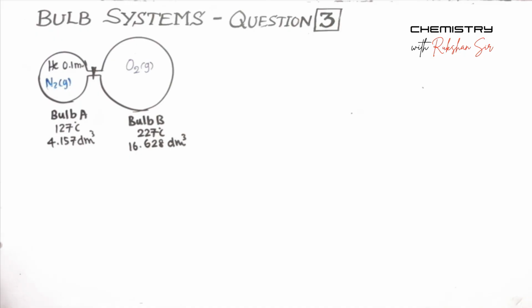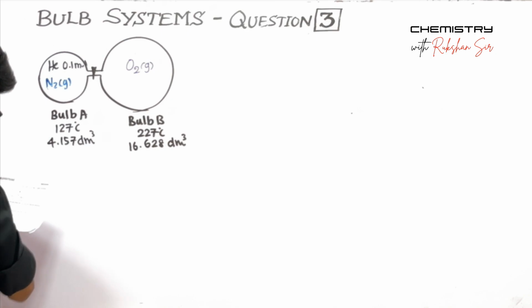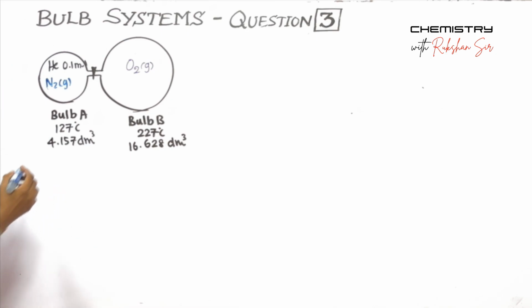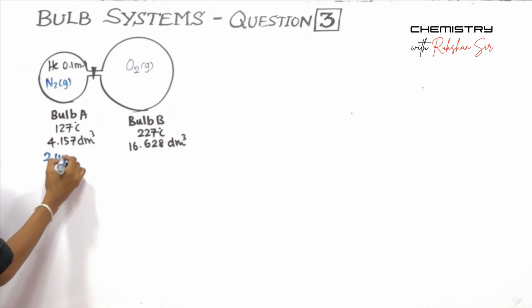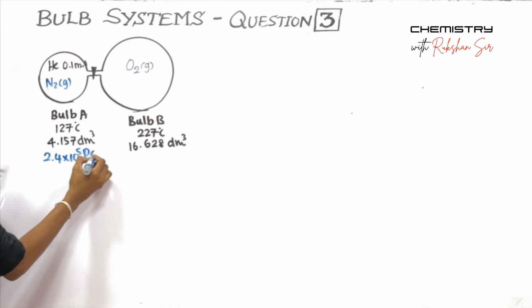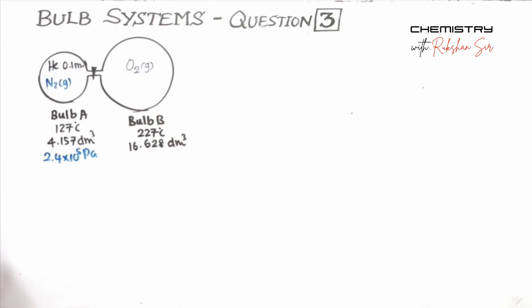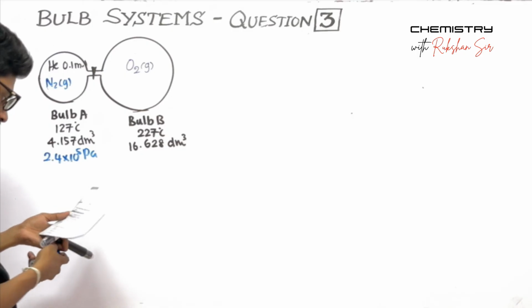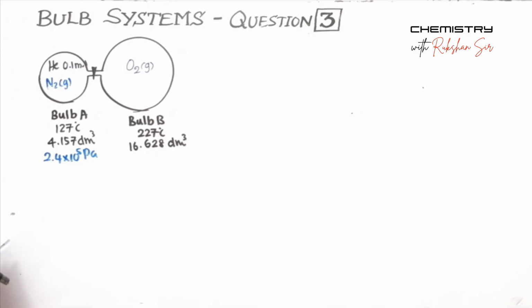And the pressure inside bulb A when the tap was closed is given as 2.4 times 10 to the power 5 pascals. That value is given, and they are asking some questions.